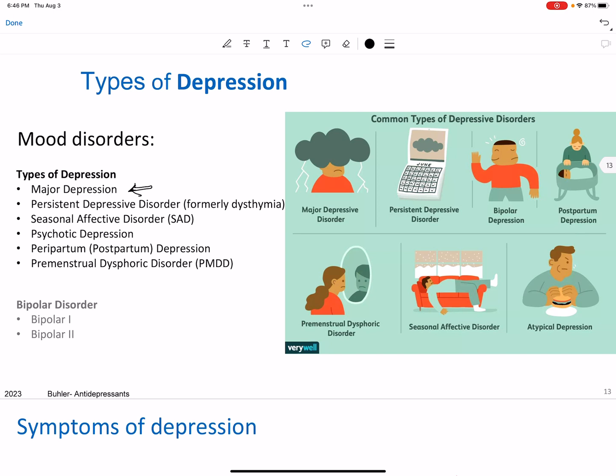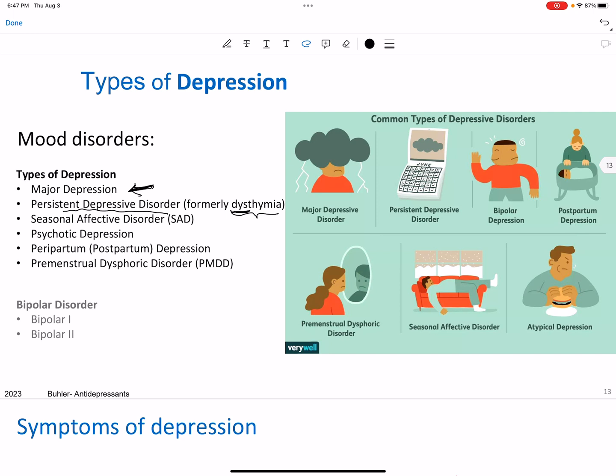We've got persistent depressive disorder, which is also persistent, but less severe than major depression. We formerly called this dysthymia, a low mood disorder rather than a really serious one.